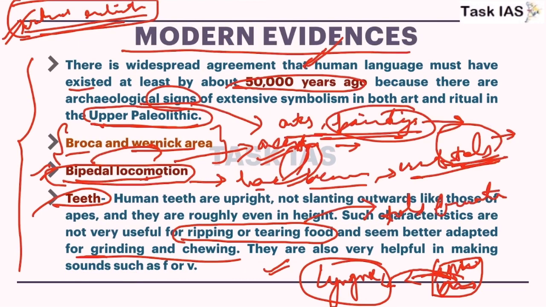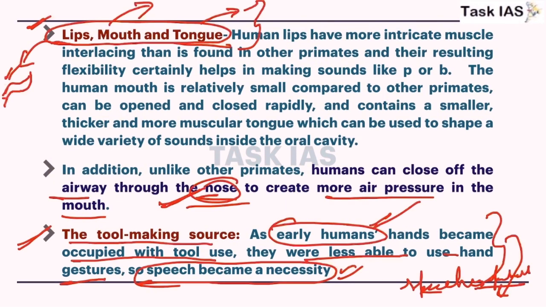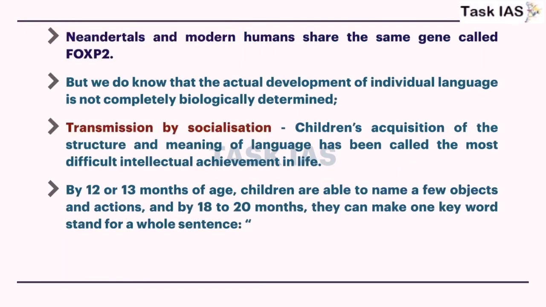And this also, brain development, bipedal, or the lips, mouth, tongue, these points have explained how humans have become potentially able to speak. Now Neanderthals and modern humans share a common gene, that is FOXP2.